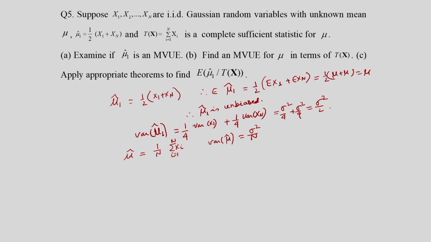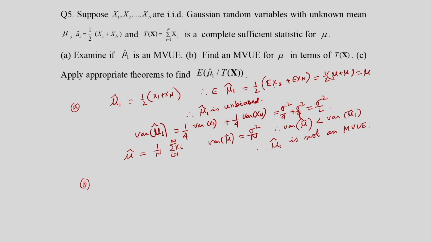Therefore, this mu hat is an estimator which has variance lower than the variance of mu1 hat. Therefore, variance of mu hat is lower than variance of mu1 hat. Therefore, mu1 hat is not an MVUE. This is part A.